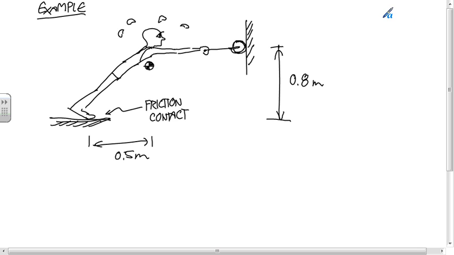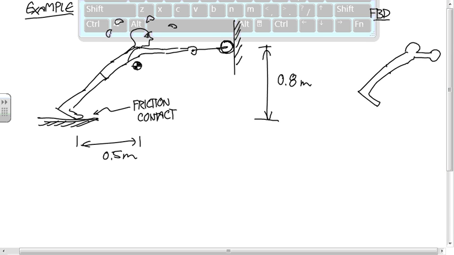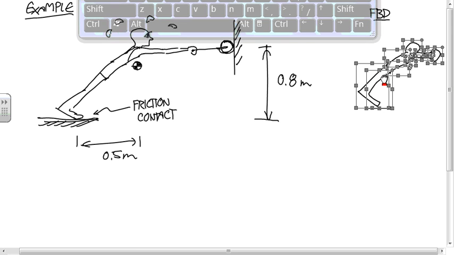So, free body diagram. We'll take some liberties on this one. There's the person. You probably want to move this over a little bit.